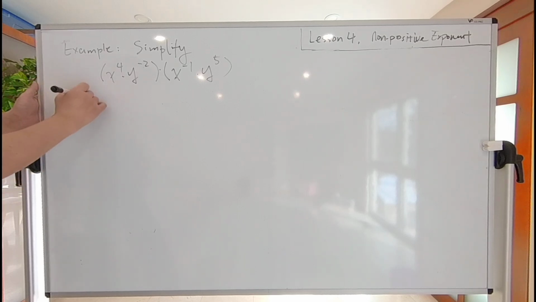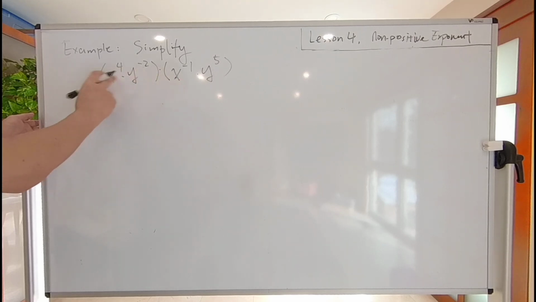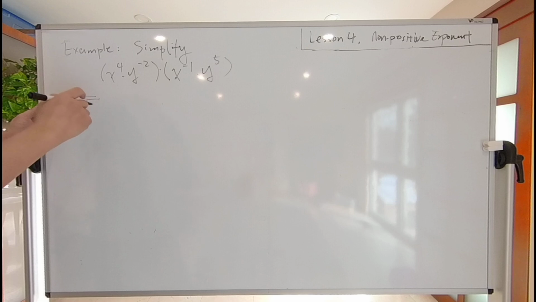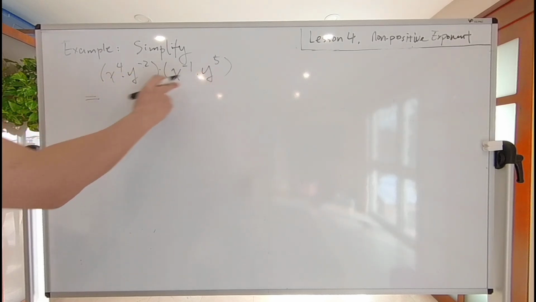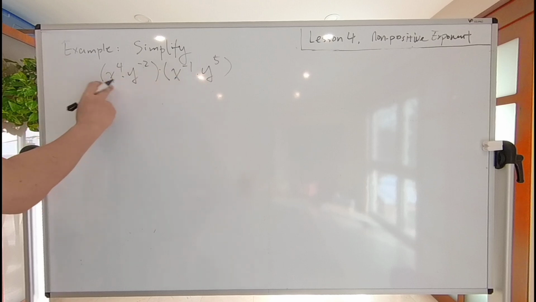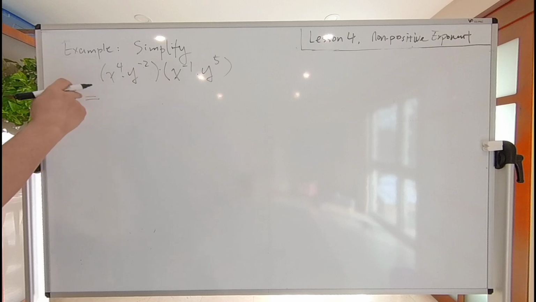So first of all, I can open the brackets and then change the order of the items to group the numbers with the same base, because I have numbers with base x and numbers with base y. If you have different bases, you cannot further simplify the exponents.